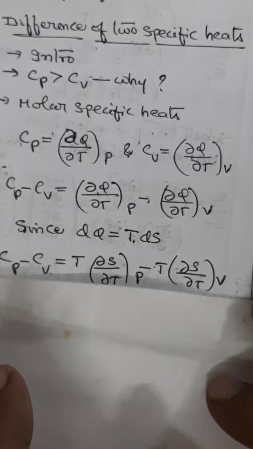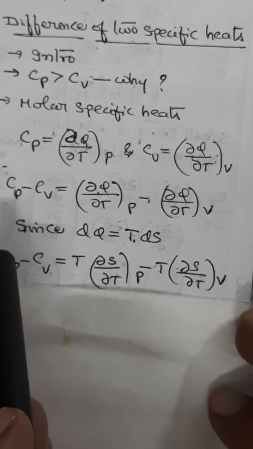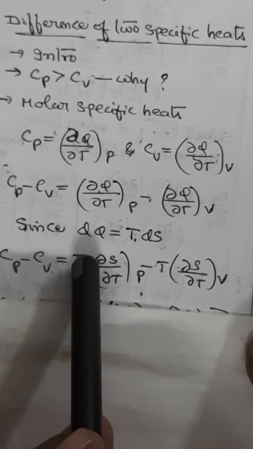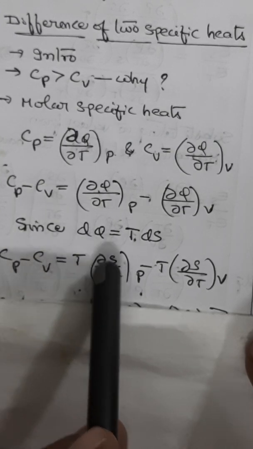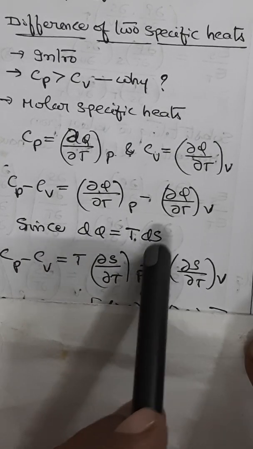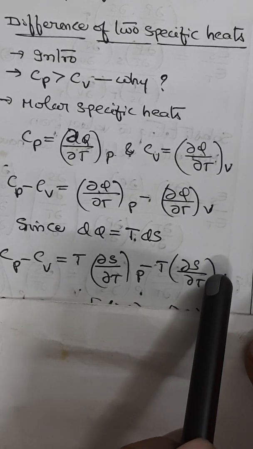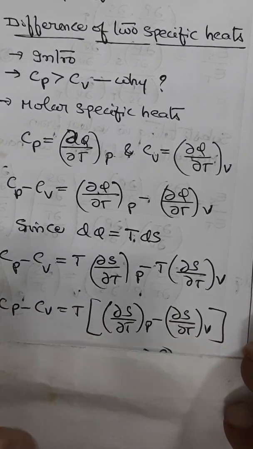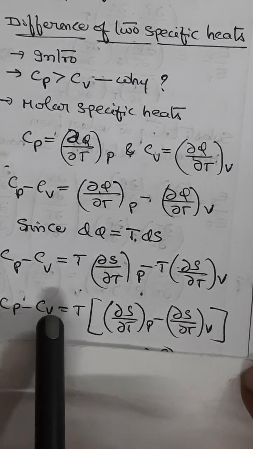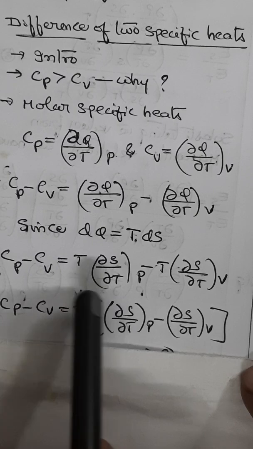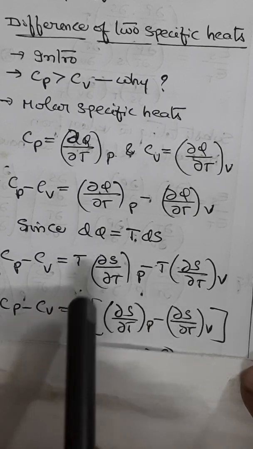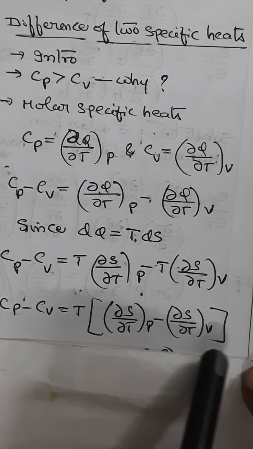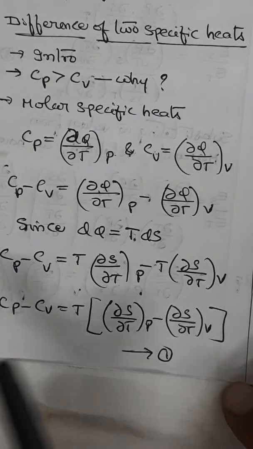So using that, we can write the difference Cp minus Cv equal to T into ∂S by ∂T at P minus T into ∂S by ∂T at V. Now we can simplify that as Cp minus Cv equal to T into ∂S by ∂T at P minus ∂S by ∂T at V, where T is taken as common. Let it be equation 1.